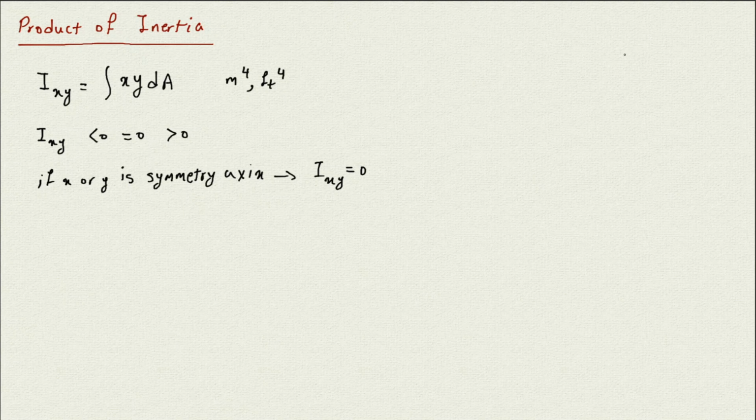In general, to see how that works, especially since it can be negative, 0, or positive, let's assume that we have the x and y axis here and I have a shape like that in this area.